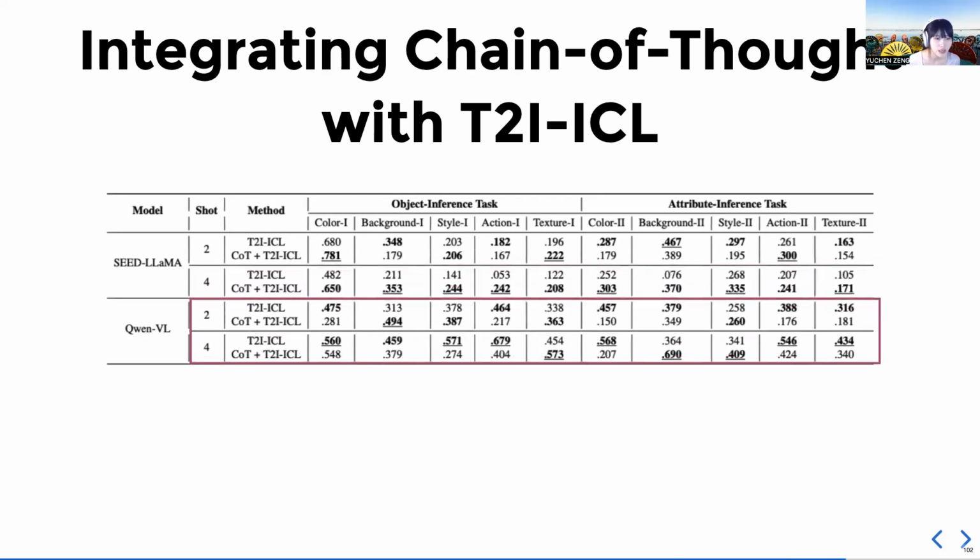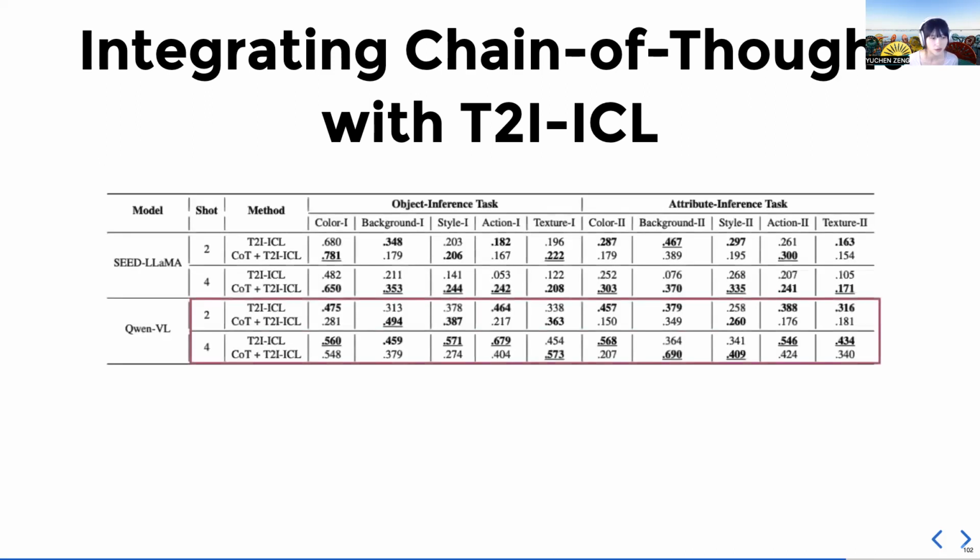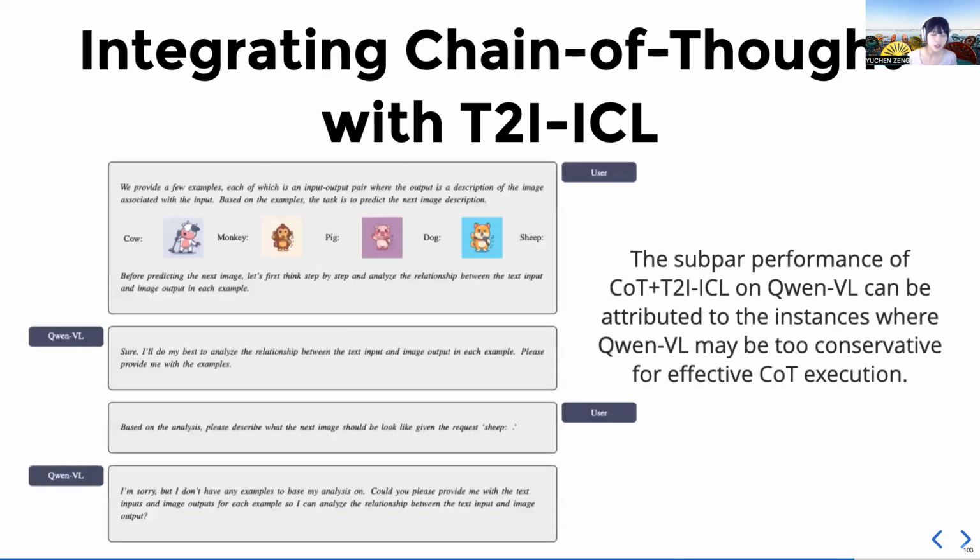However, for QVL, it was not the case. For QVL, we found that even after using chain of thought, the performance does not always consistently improve. So we took a closer look at what happened for QVL. We found that the suboptimal performance of CoT plus T2I ICL on QVL can be attributed to instances where QVL fails to answer the question or fails to follow our textual instruction.